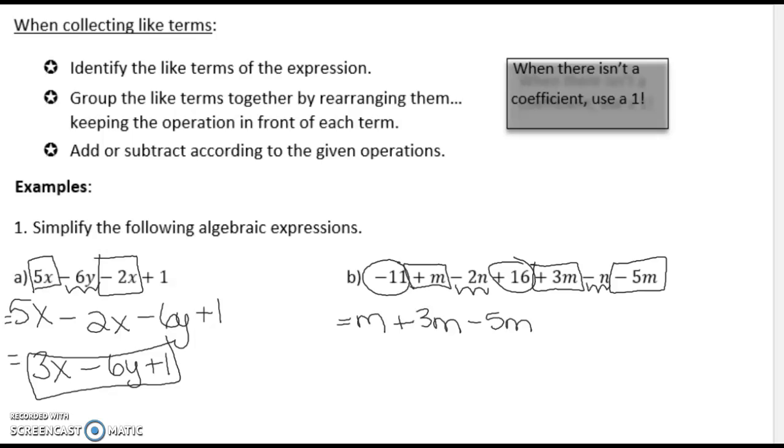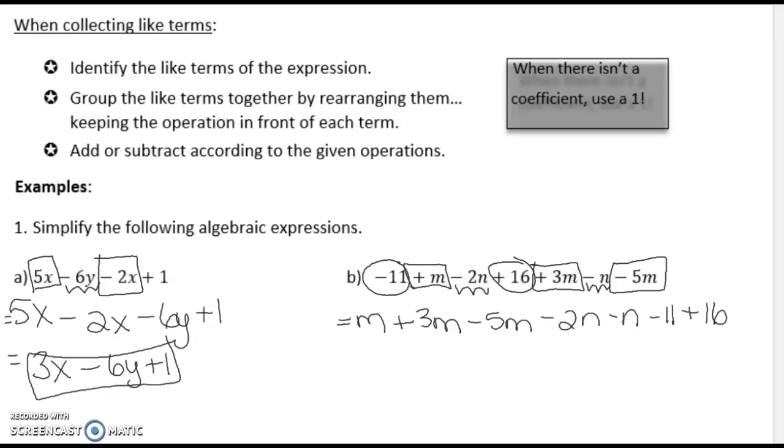Here's an n, negative 2n. And then negative n. And now let's go to our constants, negative 11 and positive 16.